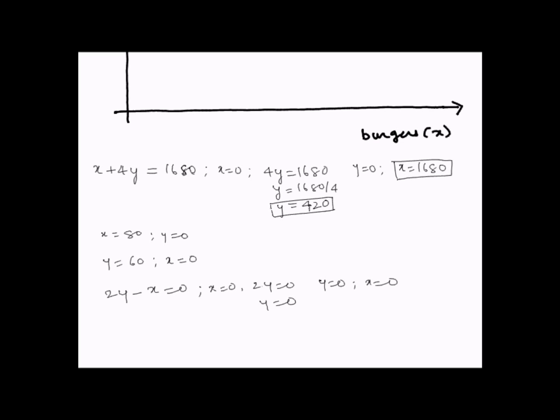Now, once you get these coordinates or these intercepts, you know the maximum intercept on the x-axis is 1680 and on the y-axis is 420. So when you're plotting a graph based on these maximum values, then you can determine how to plot these. So in this case, we will plot it in terms of hundreds, both x-axis and the y-axis.